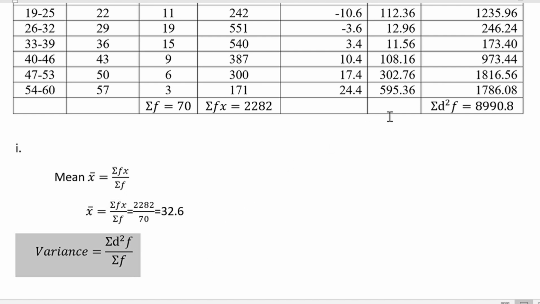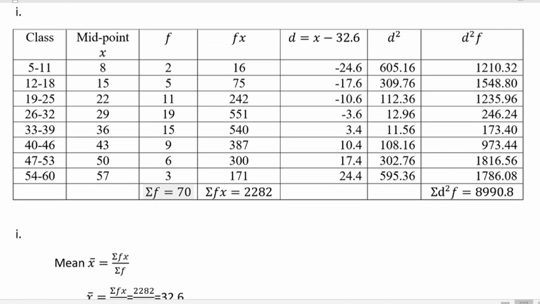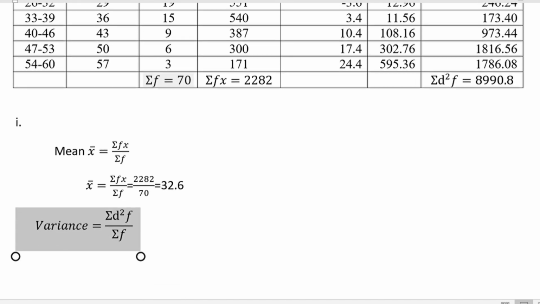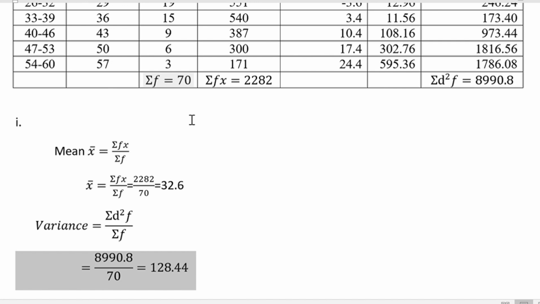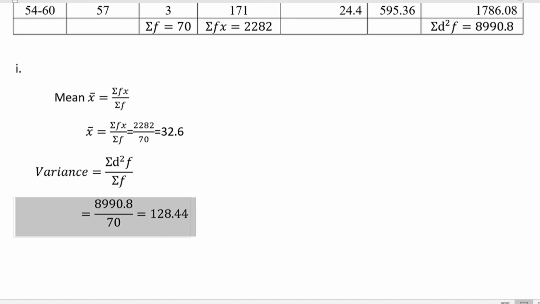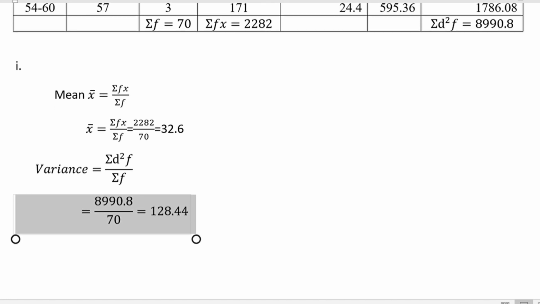Summation d squared f is this total we have found here, and summation f is the total we had found for column f. So variance will be given as 8,990.8 divided by 70, and that gives you 128.44, and that is the variance. So the first question has been solved.